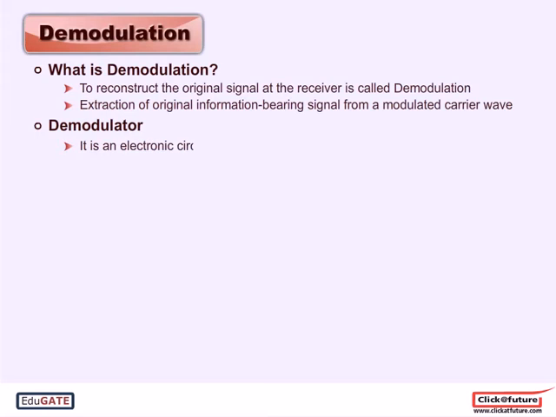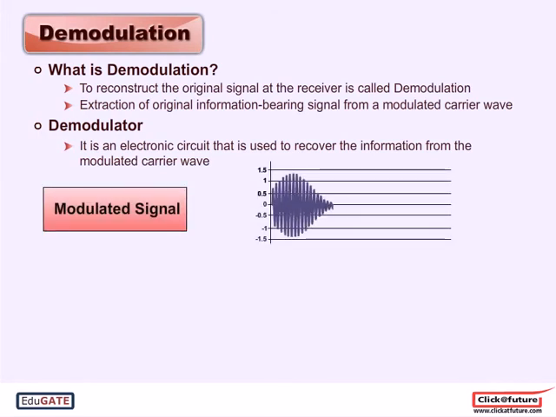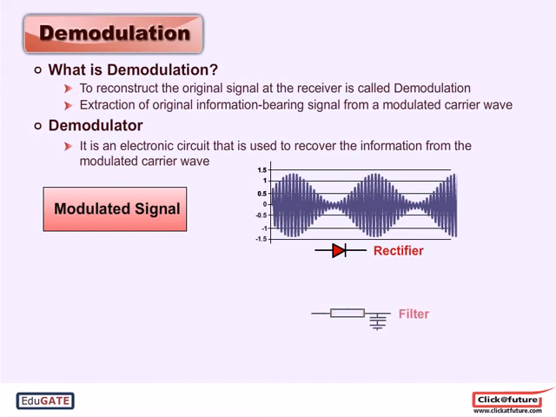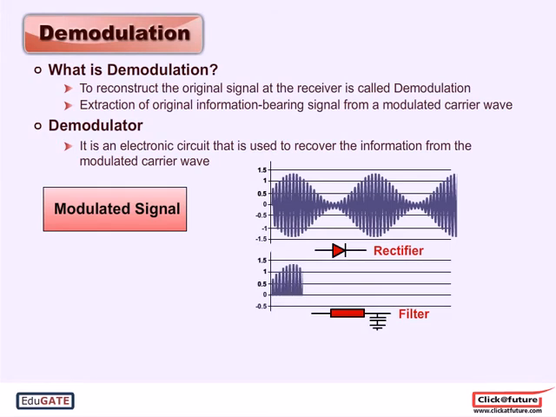Amplitude modulation is divided into four types, that is, double sideband full carrier DSBFC, double sideband suppressed carrier DSBSC, single sideband SSB, and vestigial sideband VSB. Angle modulation is further divided into two types, that is, frequency modulation and phase modulation.